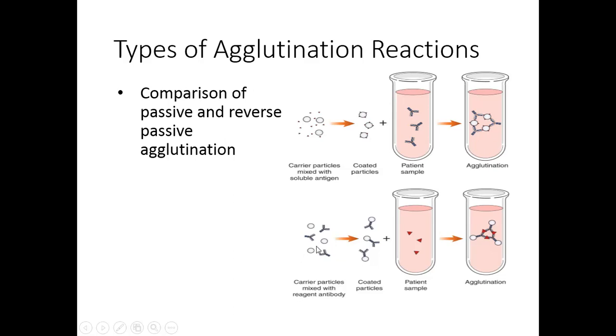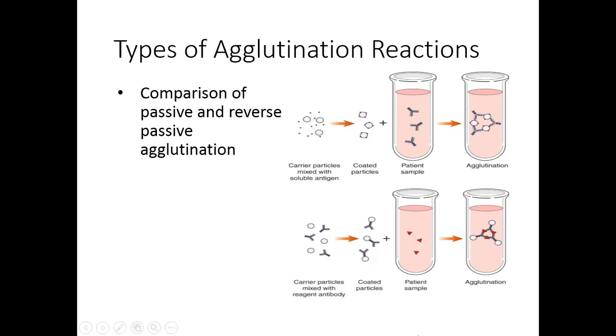And then reverse passive agglutination, what did we do? We attached antibody to the carrier particle. We see it here. Notice that the antibody has to be facing, the Fab regions have to be facing out. If they are too embedded in the carrier particle and they can't bind to the antigen, you can get false reactions.